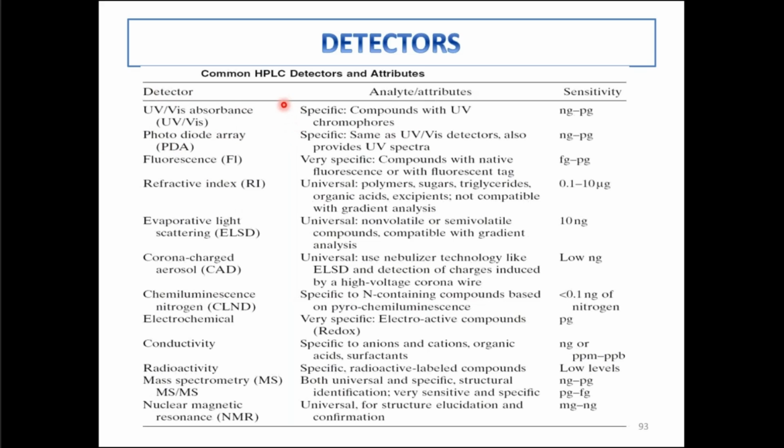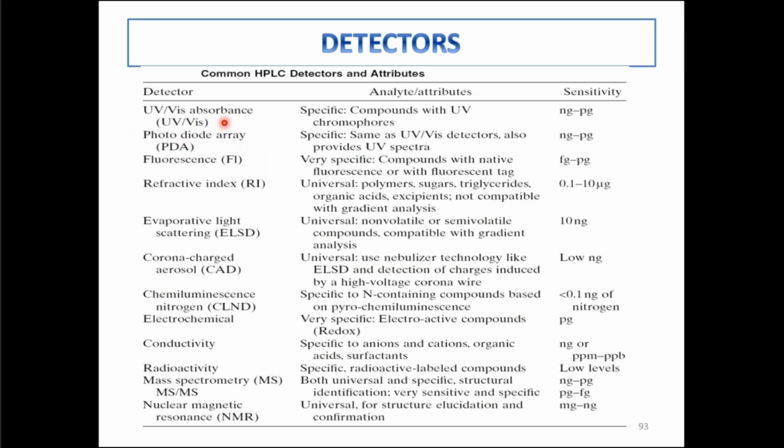Most commonly encountered one is the UV visible absorbance detector. So you will be studying the UV spectroscopy and the instrument UV spectrophotometer in very much detail in that chapter of spectroscopy. The same instrument would now be used as a detector for HPLC.